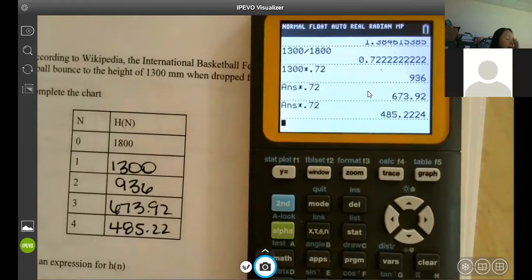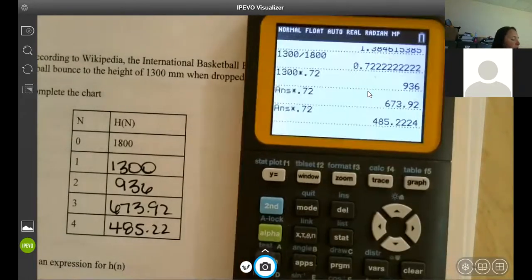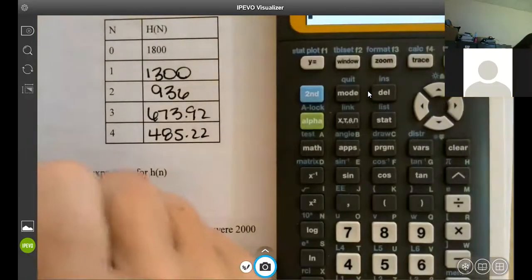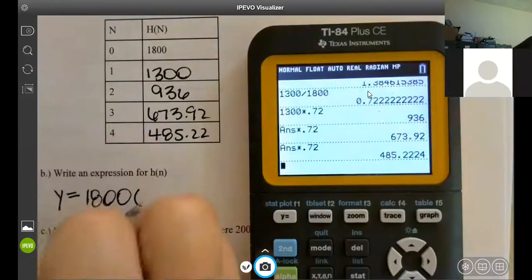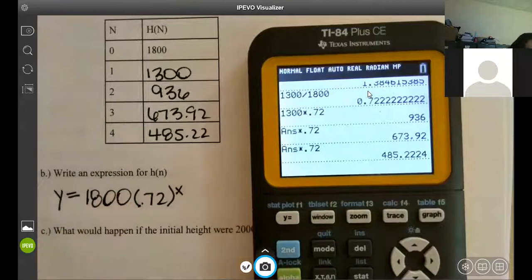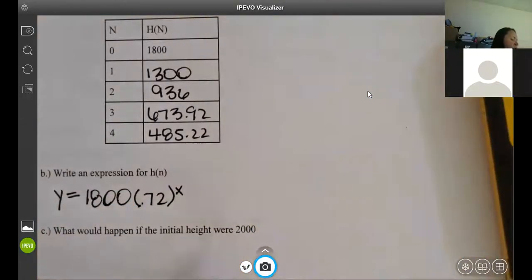Write an expression for h of n. So y equals, what did we start with? 1,800. What did we find out our multiplier was? What did I keep multiplying? 0.72 to the x. What would happen if the initial height were 2,000?